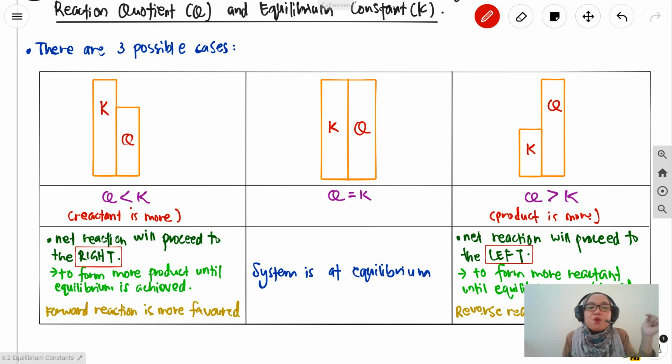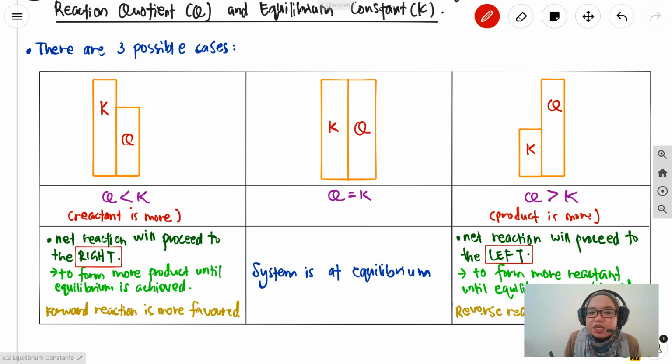So now the forward reaction is more favoured. Maksudnya bila product is formed for the equilibrium to achieve, the forward reaction is favoured. So remember, when the value of Q is less than the value of K, the net reaction will always go to the right, will always favour the production of product. So the forward reaction is favoured.